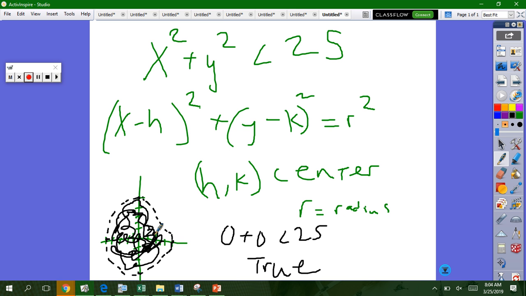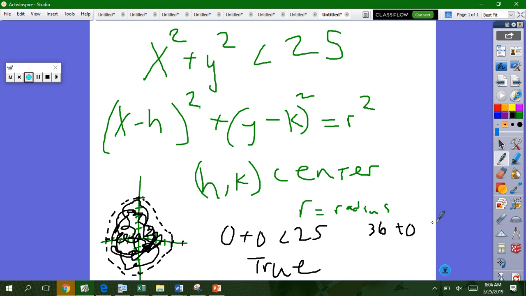Okay, just to prove another case, what's another point that's outside of the circle? How about the point 6, 0? It's right here, right? That's outside the circle. So I'm going to show you what it looks like if it was a false statement, because this should come out false. So 6 squared is 36. And then notice this point was 0, so I'm going to plug 0 in for y. 0 squared, 0.